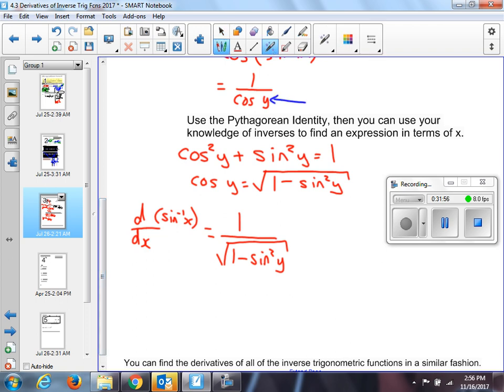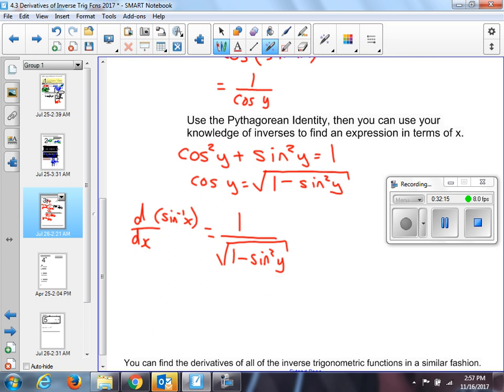And I had y right here, so it's still y. Y is the letter that we're using. It means the angle. It's basically like theta in that sense.